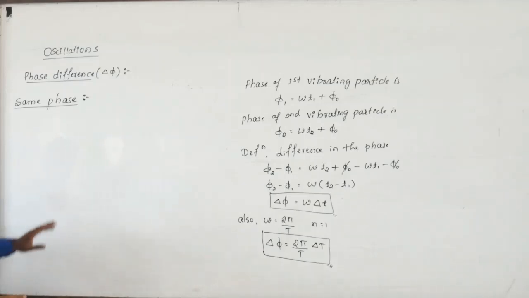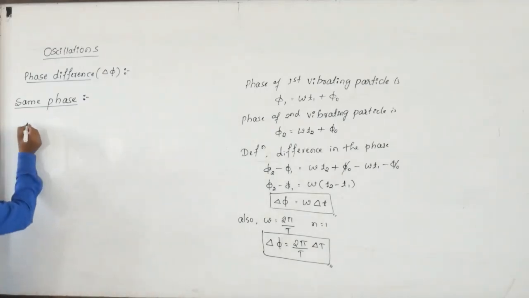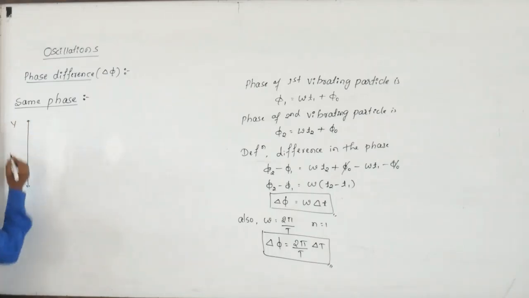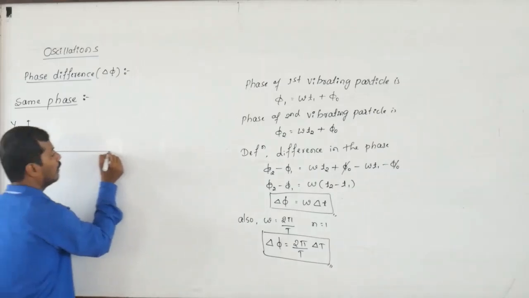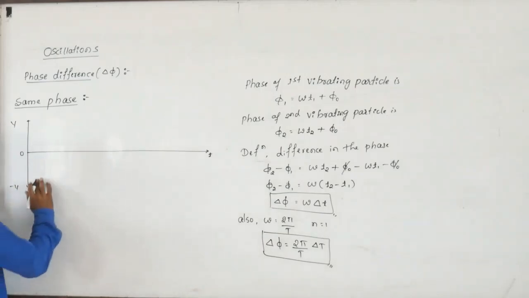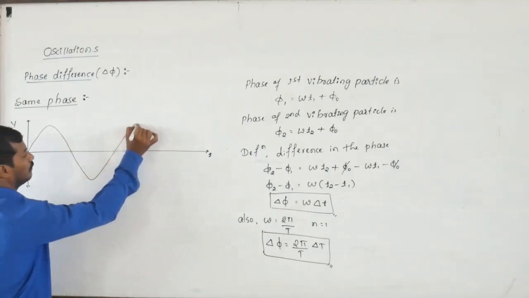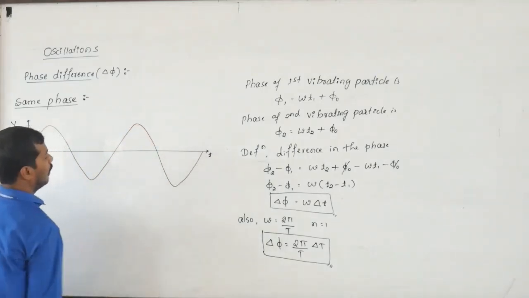If one particle starts to vibrate from its mean position, whose displacement is y, and the negative displacement of the particle is minus y, this is the mean position of the body, and this is the time axis along the x-axis.